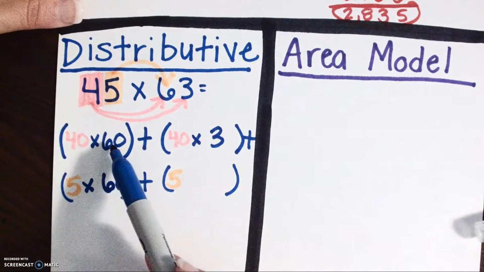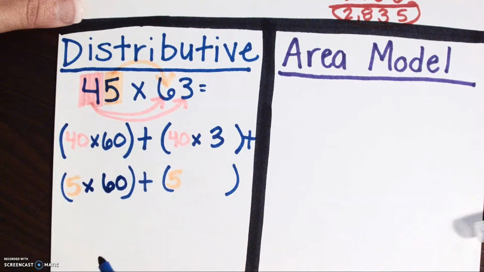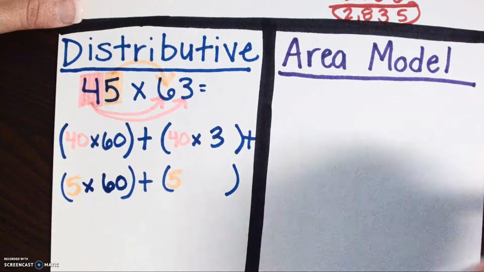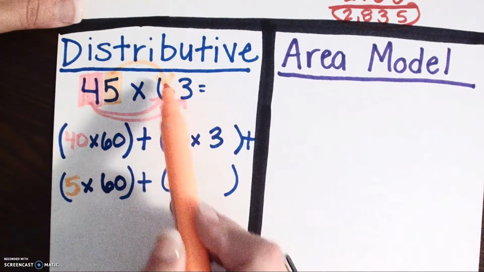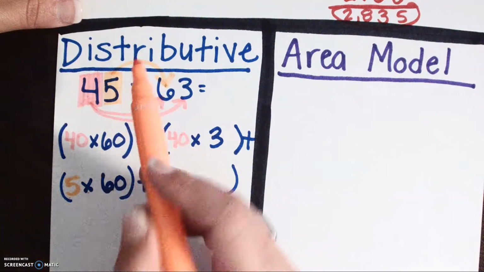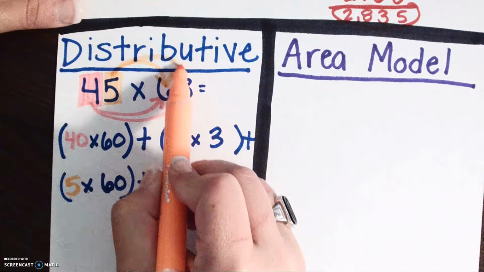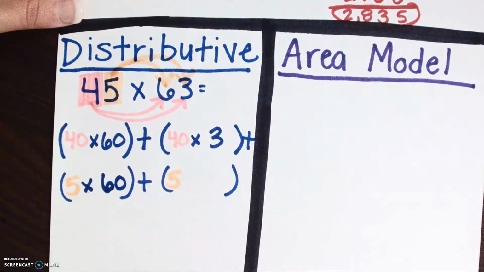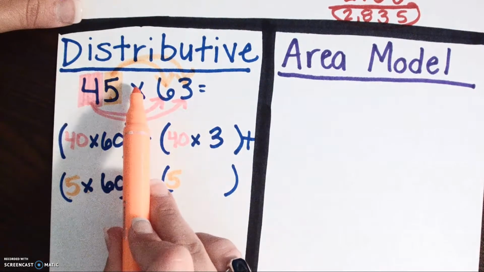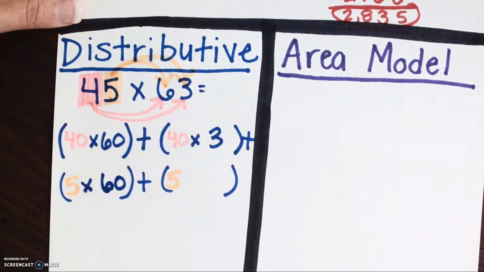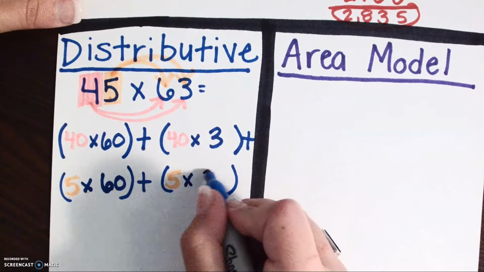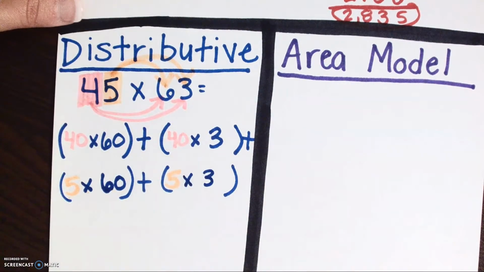So it's going to kind of look like the 2 groups you made on top, except your 5 is what you're working with this time. Right? I have my 5. I took it to the 6. 5 times 60. Now I'm going to take my 5 to the 3 to have 5 times 3 because my 3 is in my ones place, so it's only worth 3.